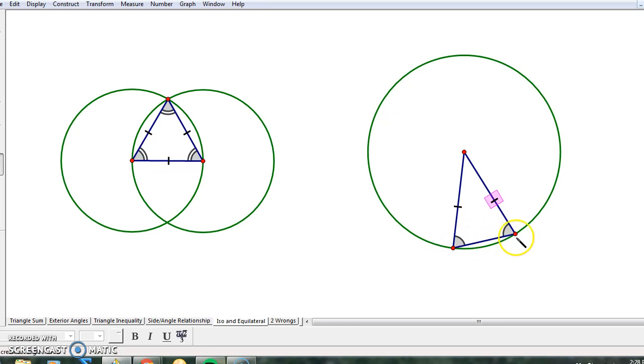These two angles are called base angles in an isosceles triangle. This side right here is different, so this one up here is going to be different. This one up here is called the vertex angle. Once again, to recap, in an equilateral triangle, all the angles are equal. In an isosceles triangle, since it's got two congruent sides, it's going to have two congruent angles.